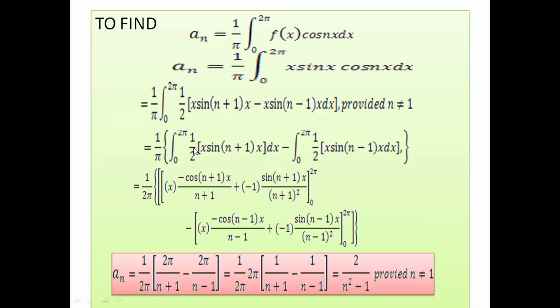You can separate the terms and integrate one by one: 1 by 2 x into sin (n plus 1)x dx, integral 0 to 2 pi, and 1 by 2 x into sin (n minus 1)x dx. You can simplify this by the UV method or Bernoulli's formula. You get this answer: x is equal to minus cos (n plus 1)x.